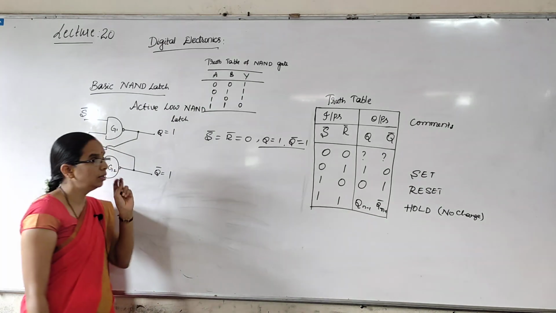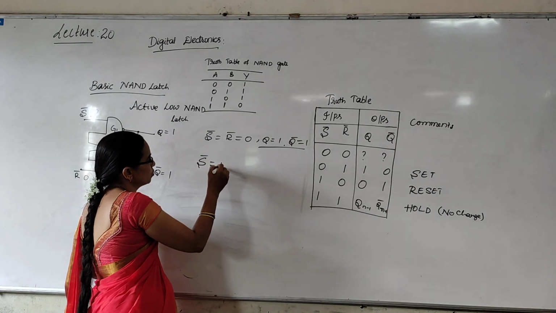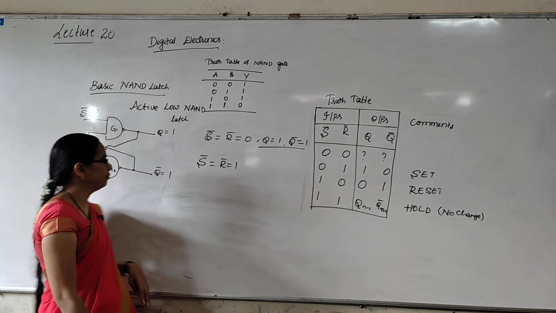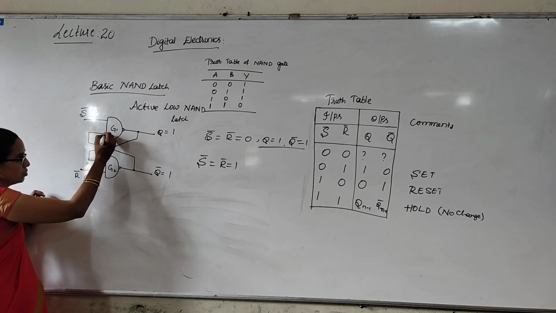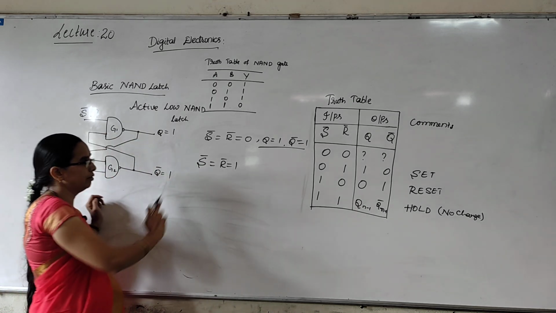If you make the next step, if you make S bar is equal to R bar is equal to 1, what happens? Both are at 1 1.